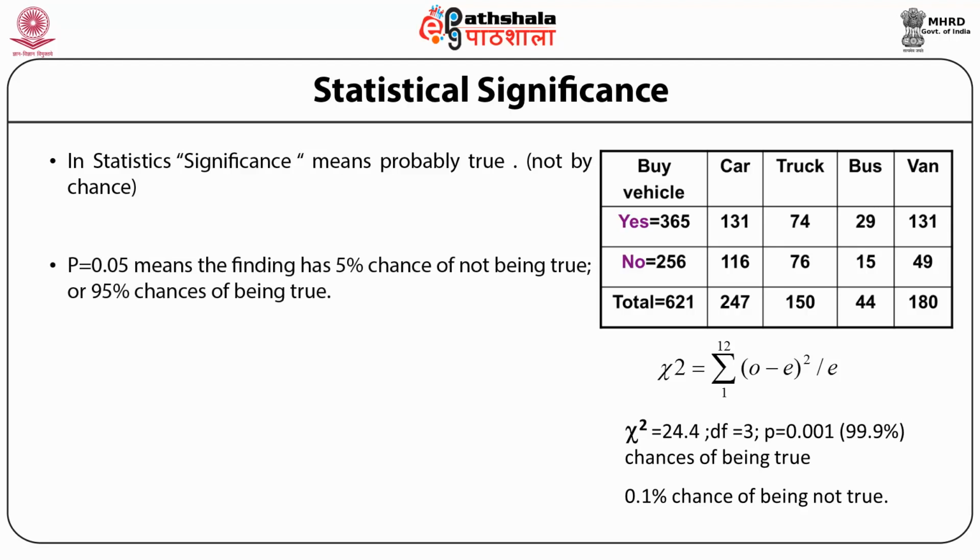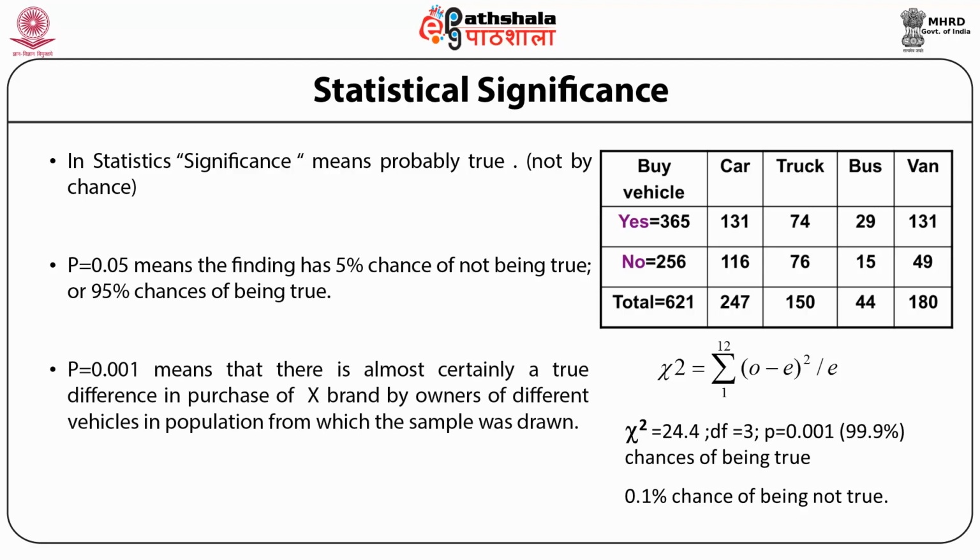If p is equal to 5%, that means the chance of being not true is 5% and the chance of being true is 95%. That is what is meant by p taken as 0.05.